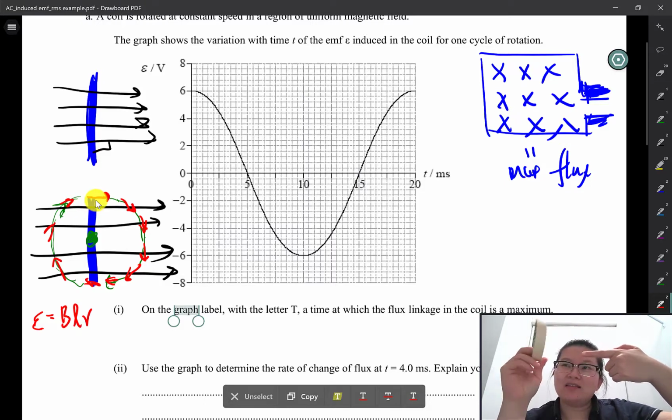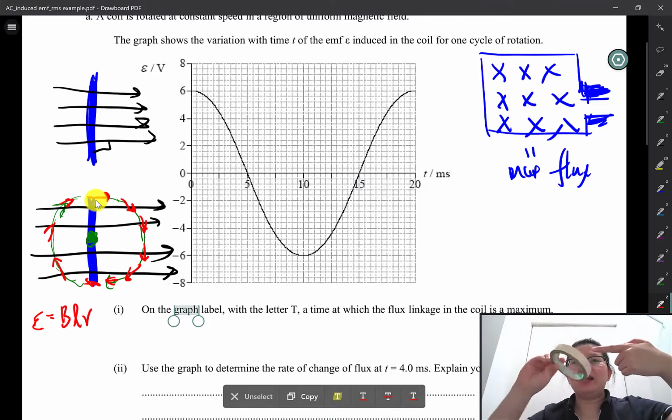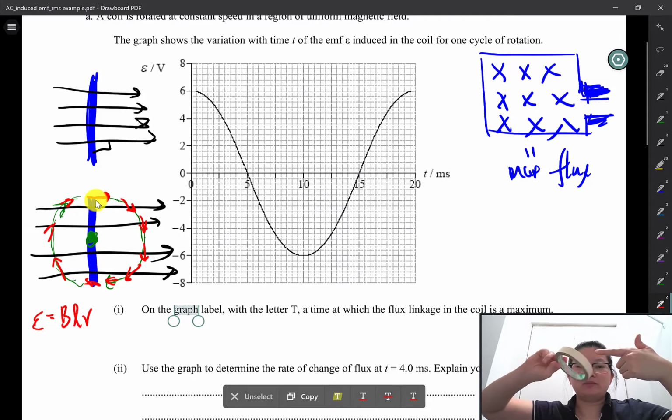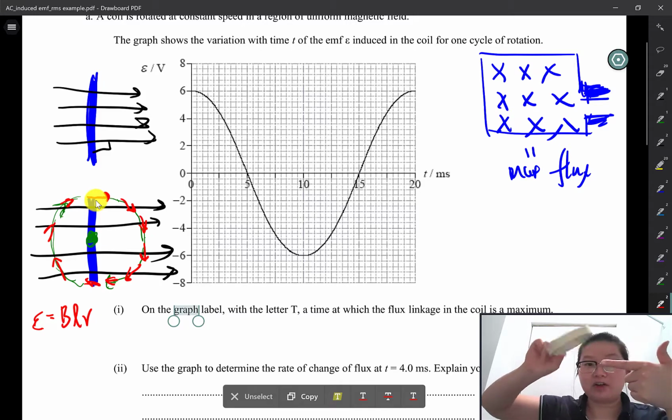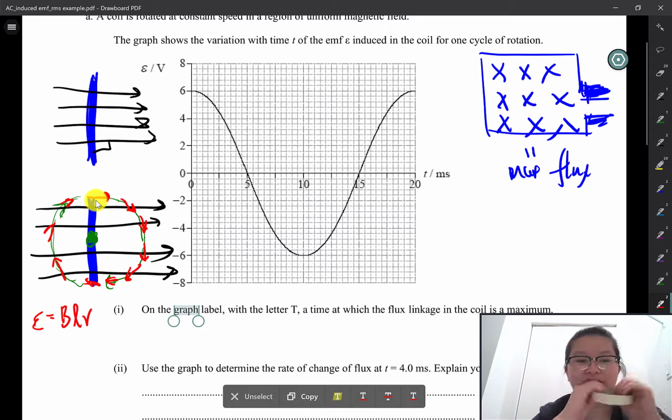As the coil sweeps down like this, when the coil is in line, or about to be in line with the direction of the field, this is where it's going to achieve the maximum EMF, because the velocity of these charges in the coil is the most perpendicular. It's closer to 90 degrees to the direction of the magnetic field lines.